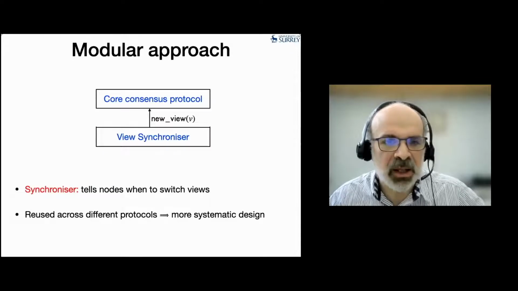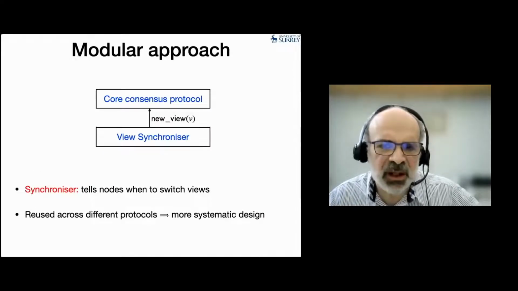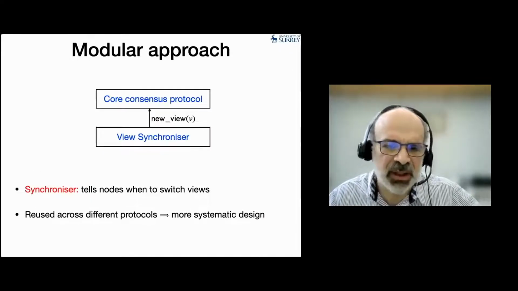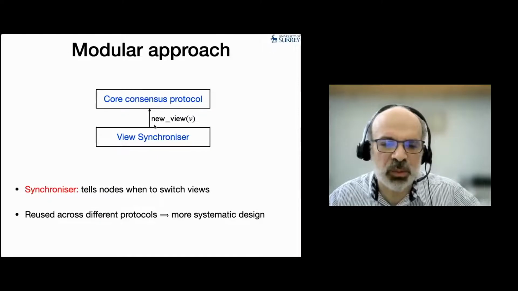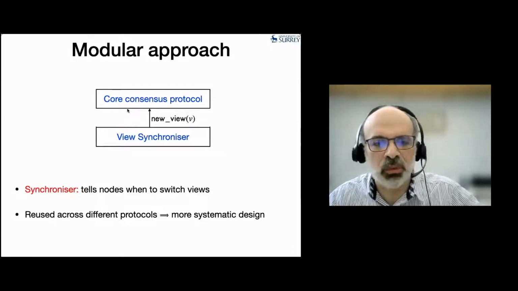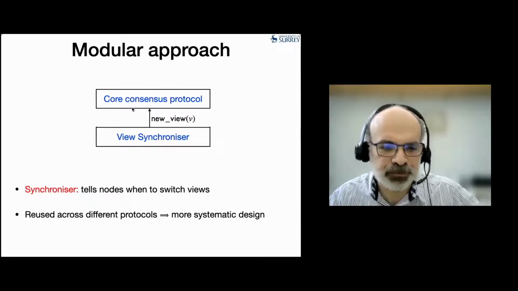This is how it looks on a diagram. We have this view synchronizer abstraction, and it exports a simple interface, which is a new view. On top of that, we put a core consensus protocol.